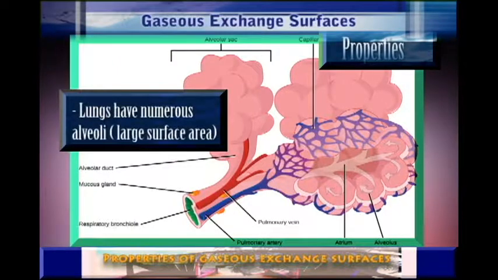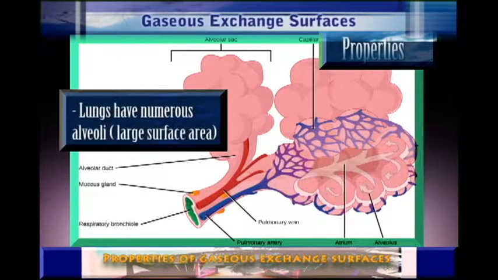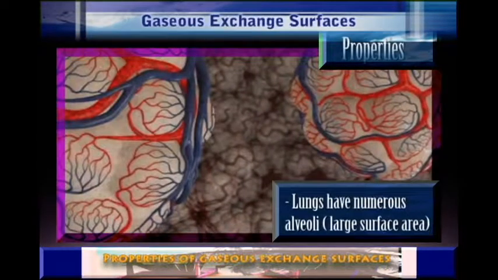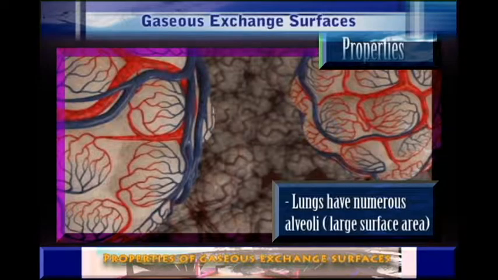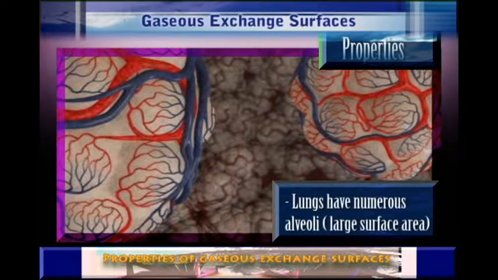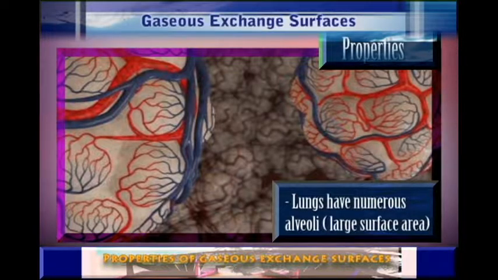And the lungs have numerous alveoli. Because of the numerous alveoli, the lungs have a large surface area for gaseous exchange. That is another adaptation.